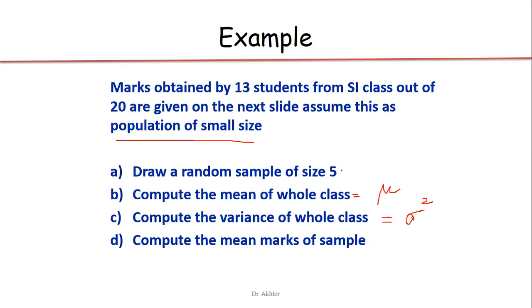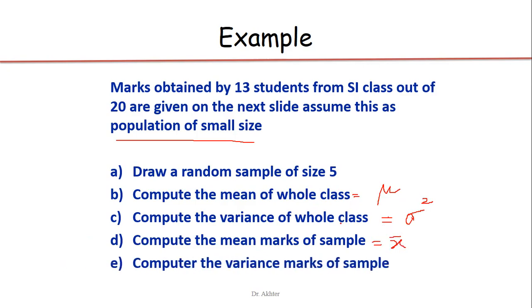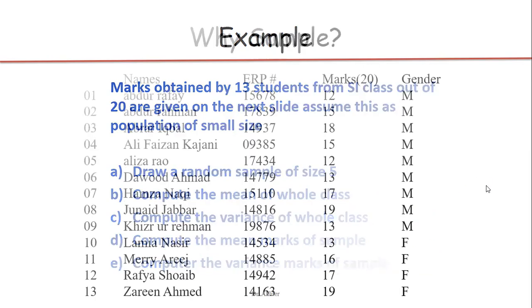Once the sample is selected in part A, you calculate the mean of the sample, represented by X bar. Then you calculate the sample variance, represented by S square. So S square is the sample variance, sigma square is the population variance, X bar is the sample mean, and mu is the population mean. These four things are to be calculated from the population given on the next slide.